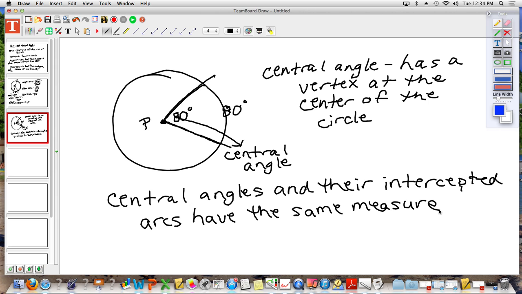Intercepted is a fancy way of saying the arc that the angle creates, at the same measure.